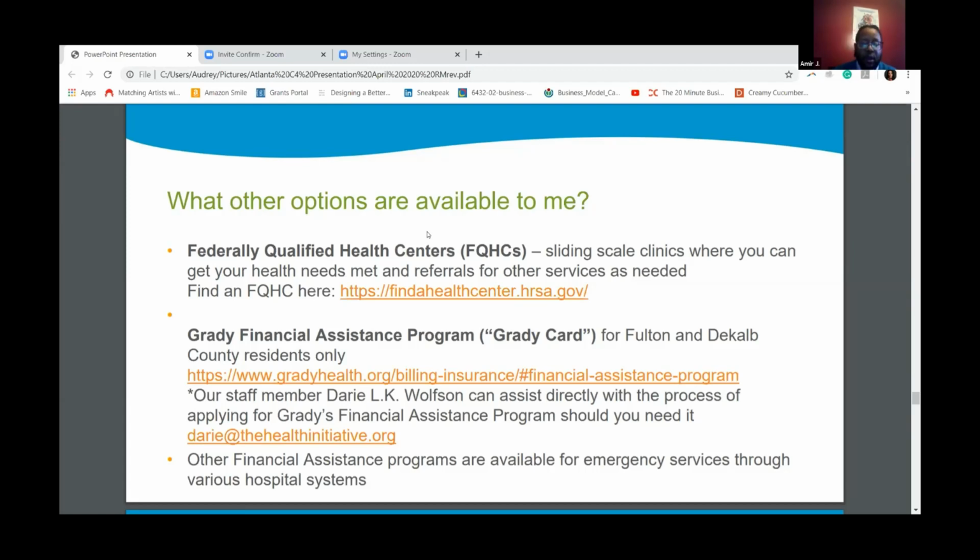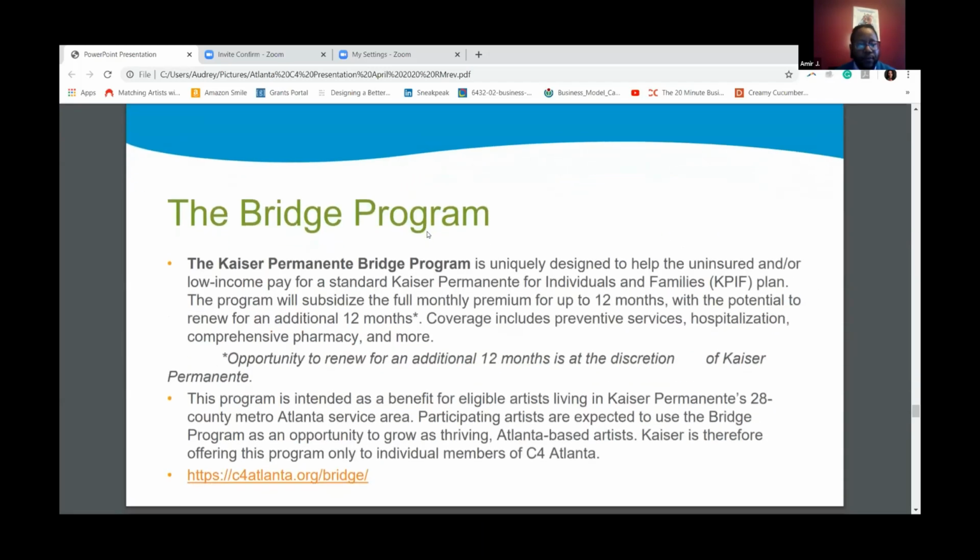Dari, who is listed on this slide, is a member of our enrollment assister team at the Health Initiative, and she can guide you through that application and through that process. There are federally qualified health centers throughout the state, and they provide services on a sliding scale. So I invite folks, should they be interested, to take a look at that website for more information on the FQHC that is closest to you. Next slide, please. Thank you.